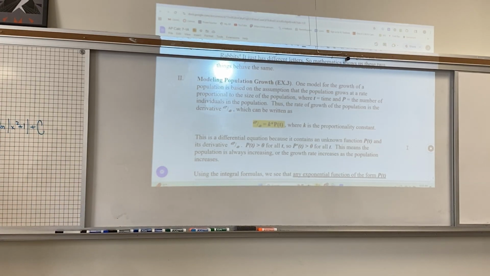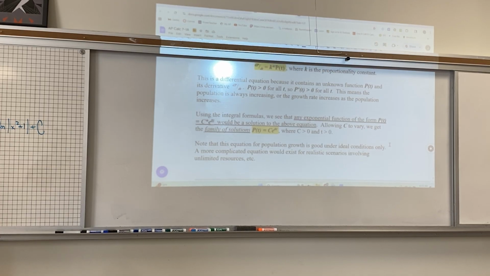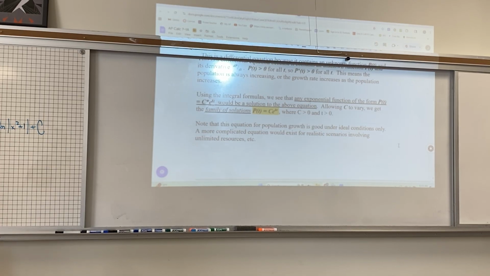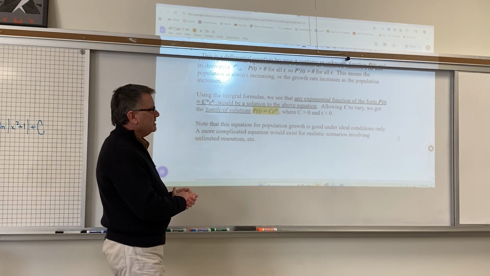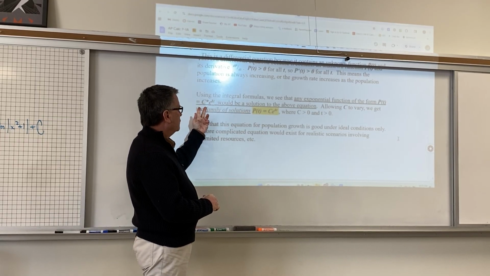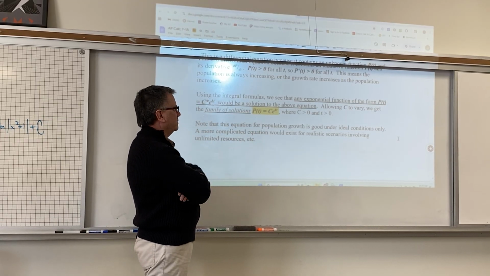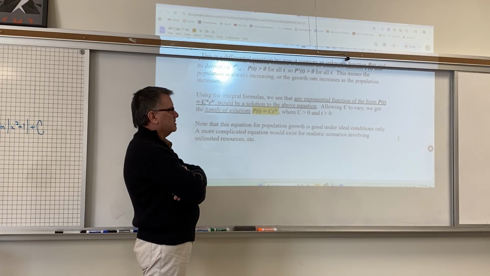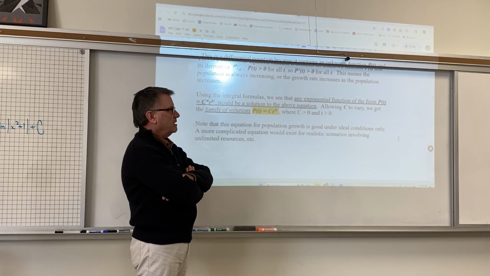But that's what a differential equation looks like. And so, using integral formulas, we can see that any exponential formula of this form right here would be a solution to that equation.